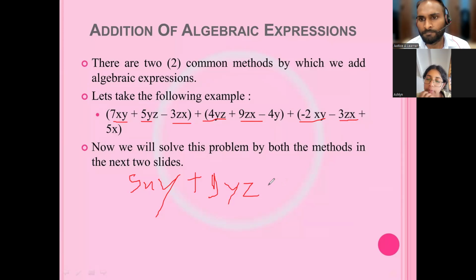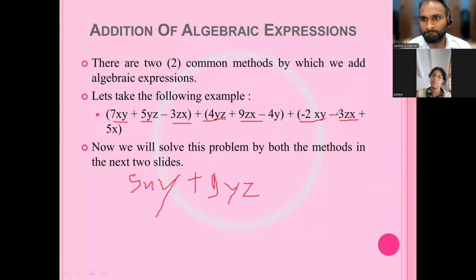So is that also going to be plus? So 2 times 3zx in negative and 1 time 9zx in positive.